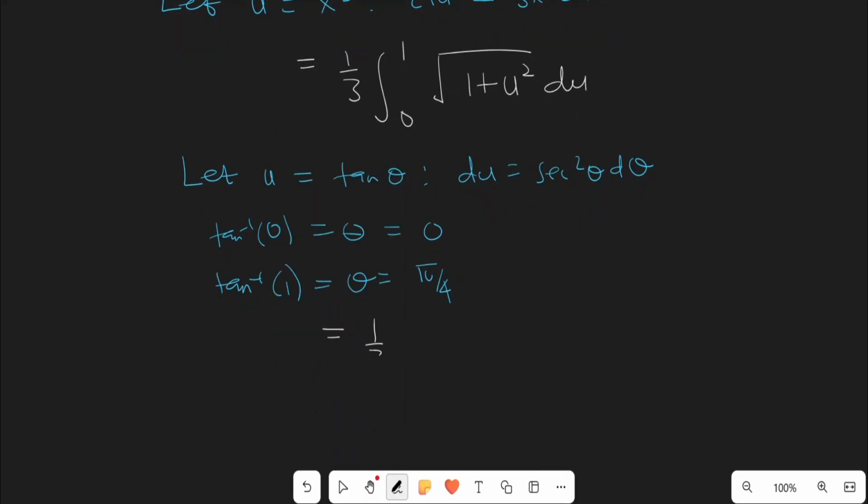So that becomes 1/3 the integral from 0 to pi over 4 of the square root of 1 plus u, where u is tan theta, so this is tan squared theta, times du. du is secant squared theta d theta.